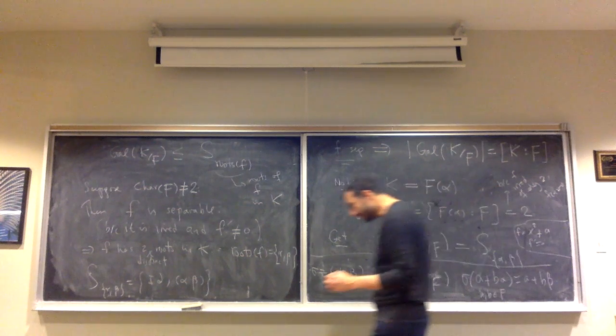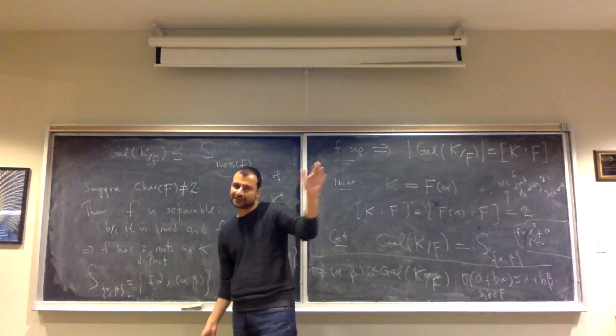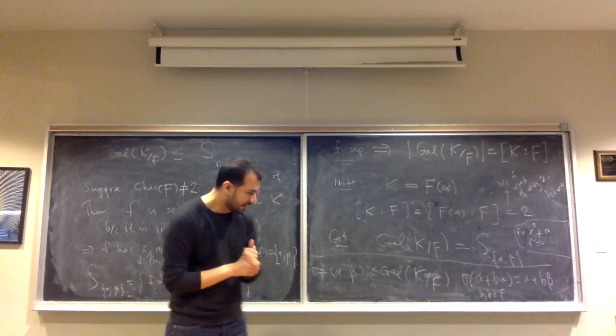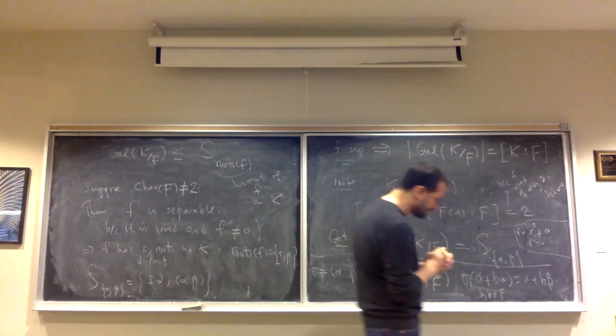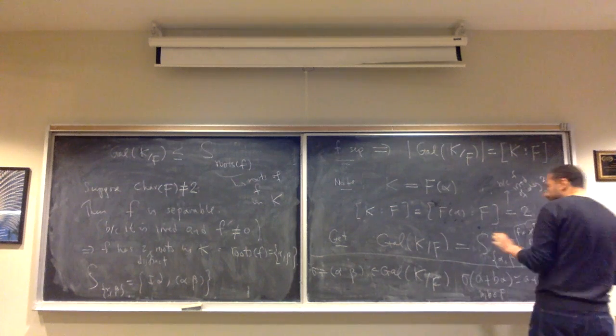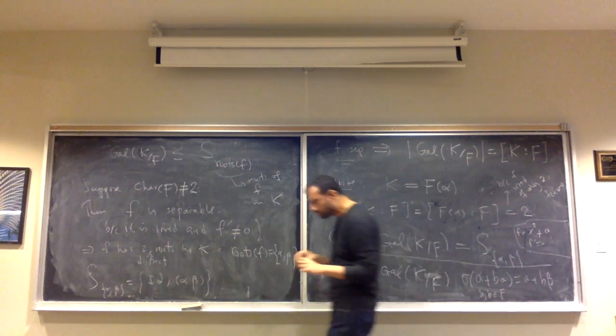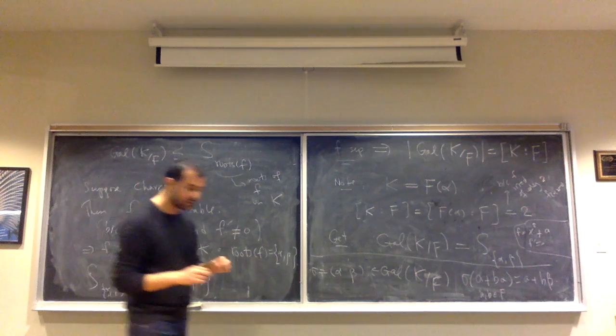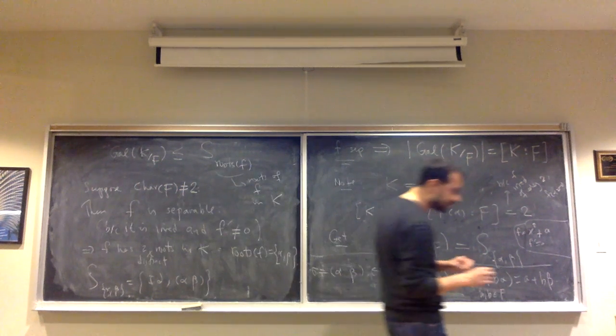In fact, if you look back at the last lecture that we had, remember we gave this example of an irreducible polynomial which wasn't separable? It was an example over the rational function field with coefficients in F2.